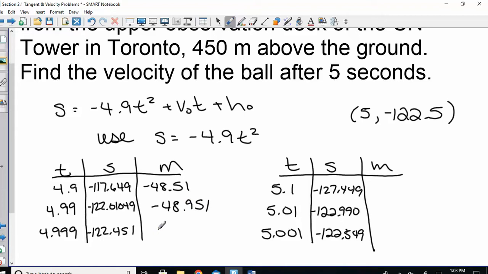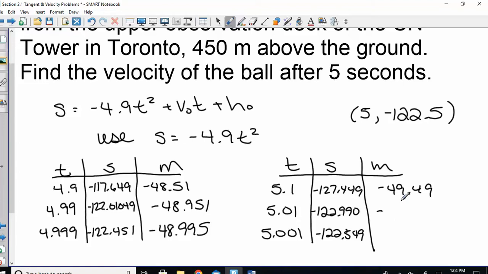What'd you get for 4.999? Negative 48.995. Okay. What about 5.1? Negative 49.49. Okay. 5.01? Did not get that far. Okay, let's see.